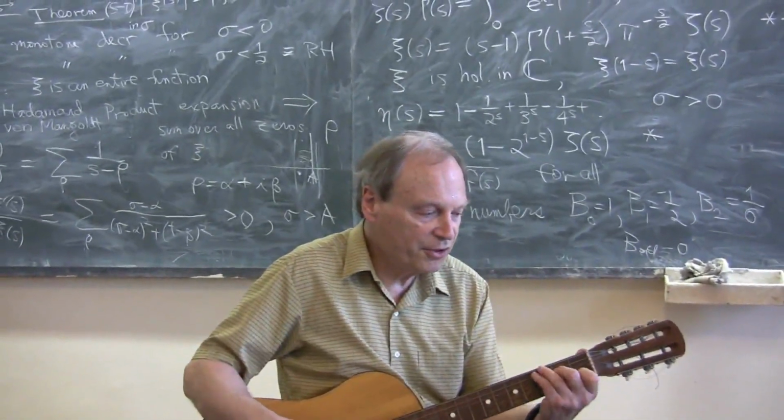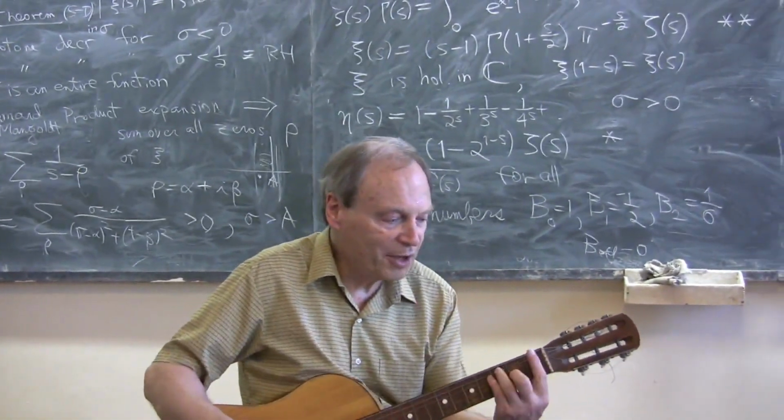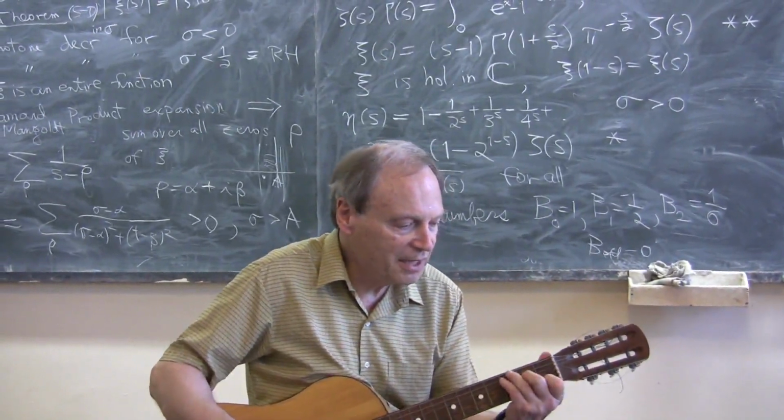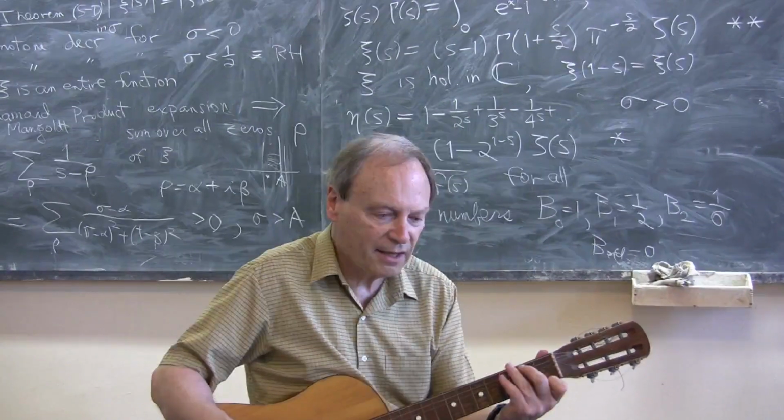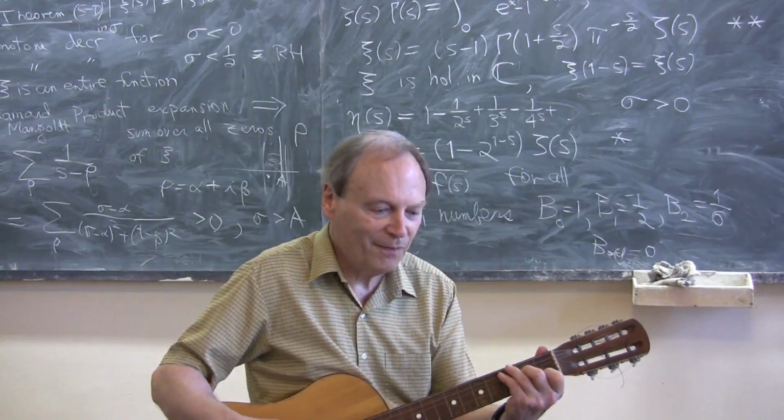There might be some zeros in some other place. So where are the zeros of zeta of s? We must know exactly, cannot just guess. If we wish to refine the prime number theorem, the path of integration must not get too near him.